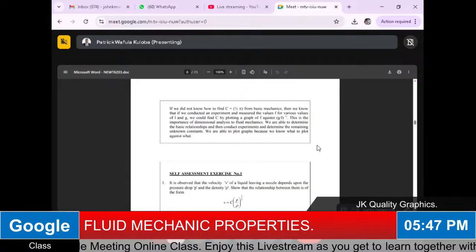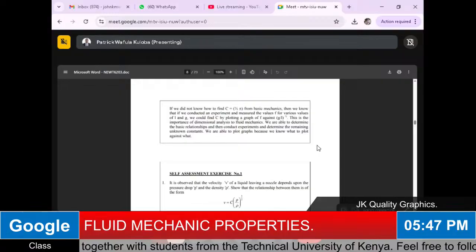So write the equation. v is a function of, in brackets, P and rho, close brackets.